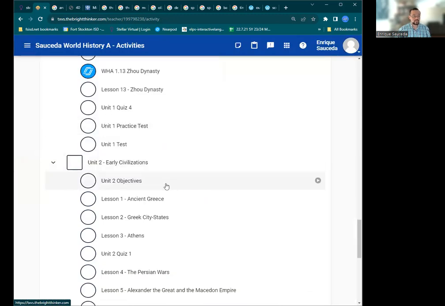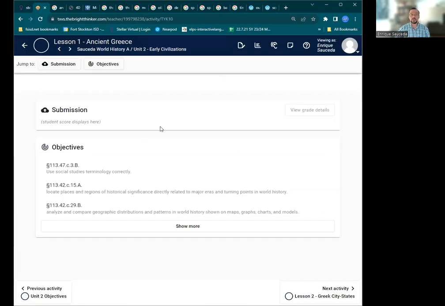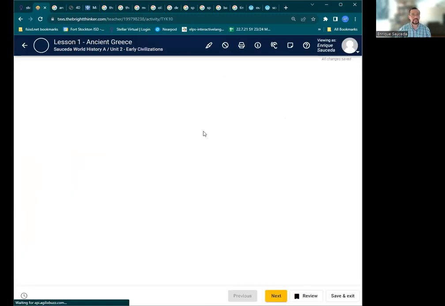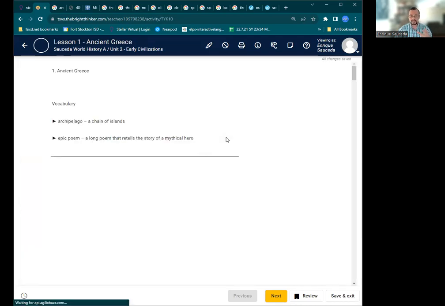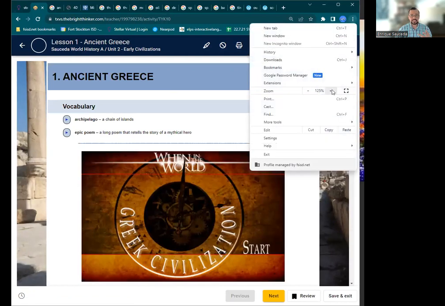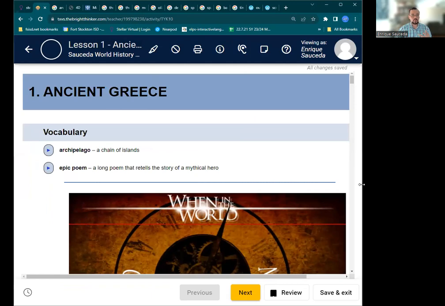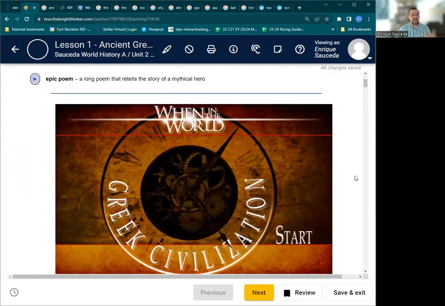Unit 2, Lesson 1, Ancient Greece is today's topic, 2.1. Let's do this as we've done. I'm going to go backwards, though, on this. Let me zoom in so you all can see this. We begin with an archipelago and then an epic poem.